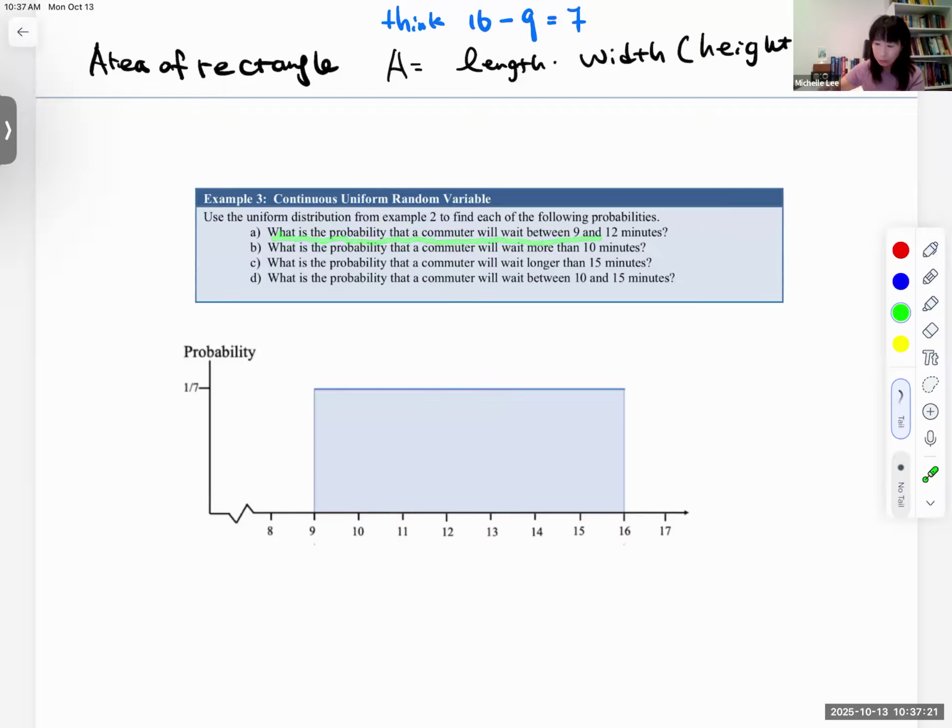All right. Second one, not between, more than 10.